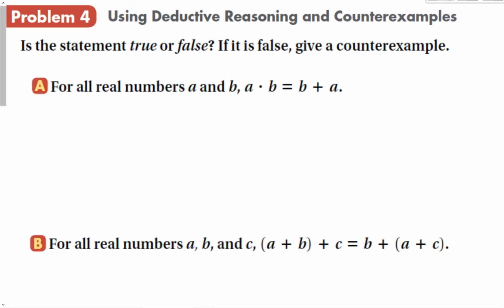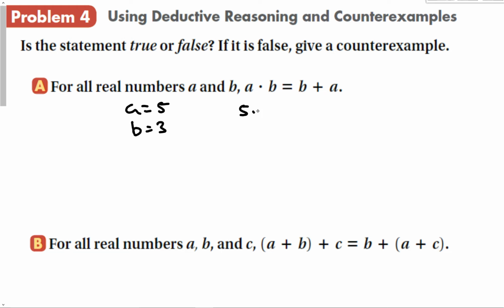Well, that kind of looks a little bit like the commutative property, but not really, because we have a multiplication there and an addition there. So all we need to do now is find one way that this is not true. What if we say that a is 5 and b is 3?